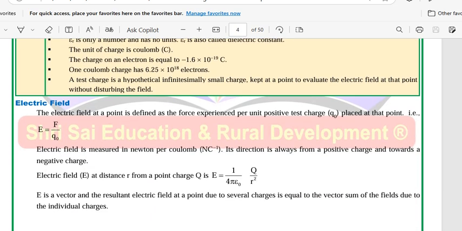So, in today's class, let us discuss electric field.